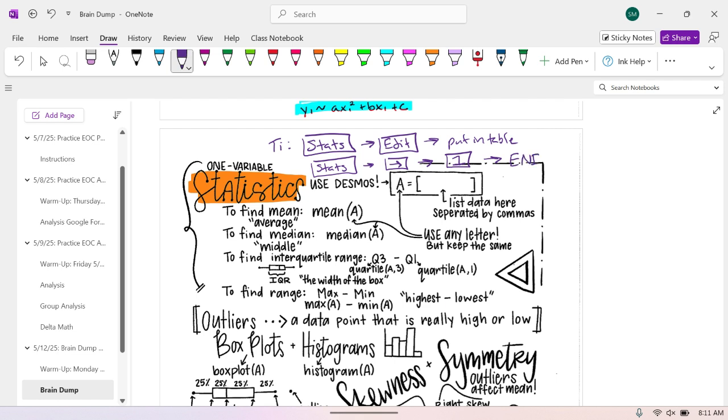And that'll give you all of your basic stats. So like your mean, your median, your 5-number summary, standard deviation, all that good stuff. So that's how you do it within your TI.